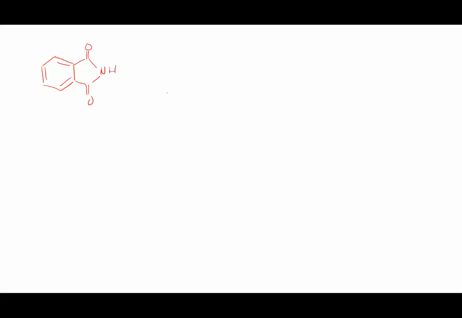take succinimide and react it with a base to deprotonate the nitrogen off of the succinimide to make succinimide anion. And so the succinimide anion then can be used to react with usually a primary halide.